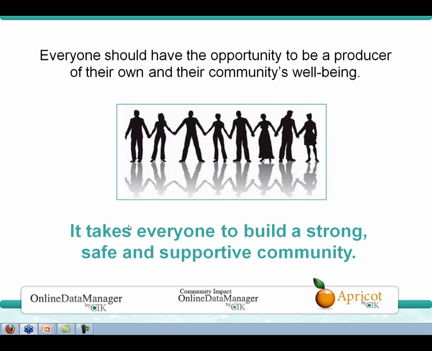We deal with executives and professionals, and we see the problems perpetuating. That's one of the reasons that we're trying to solve community problems without giving others the opportunity to be a producer of their community's well-being. I'm curious, as we go along, if there are specific strategies that can help move us in that direction a little more.